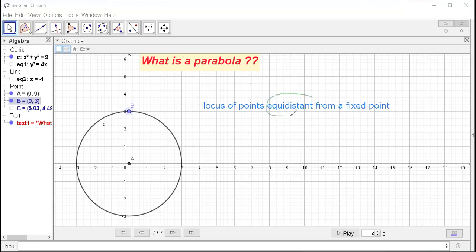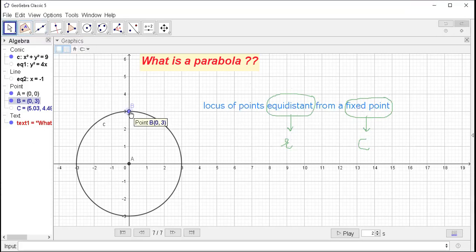What is that equidistant thing? I know it is my radius. We normally represent it by a small letter r. And that fixed point is the center of my circle. This is how I define a circle.